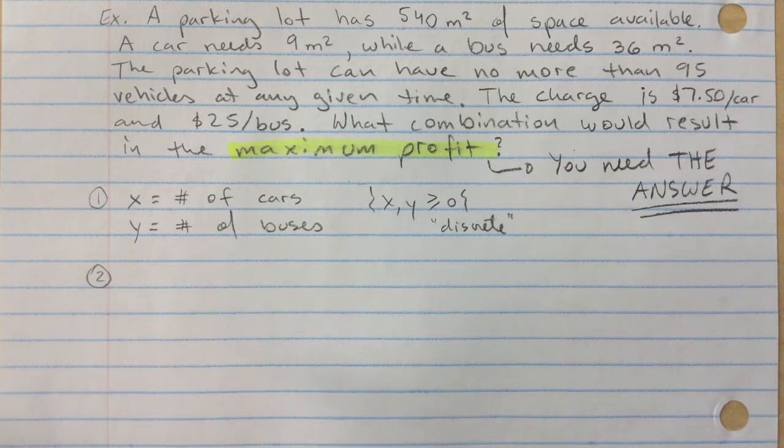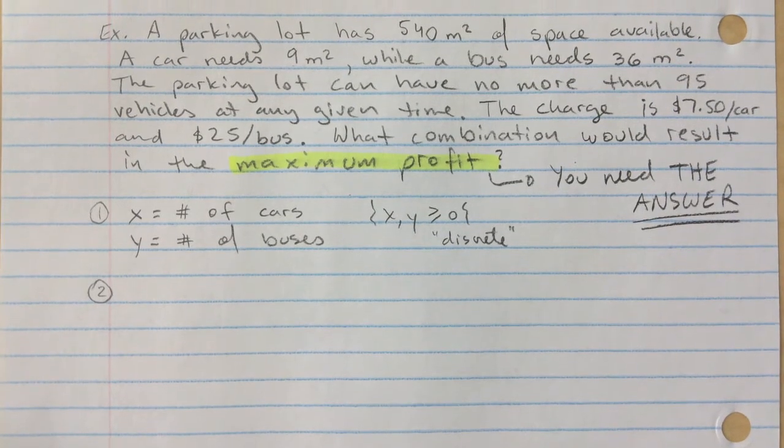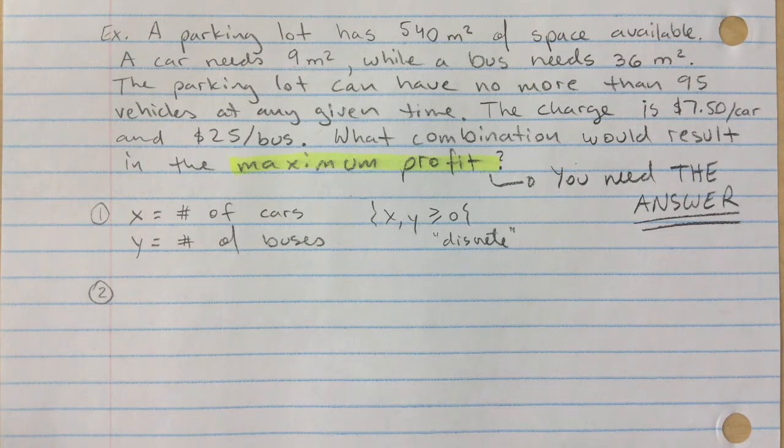Secondly, let's come up with any inequalities that are mentioned here. And what I ask you to do is look for restrictions. Okay. What is the first restriction here that limits what the parking lot can do, Anthony?